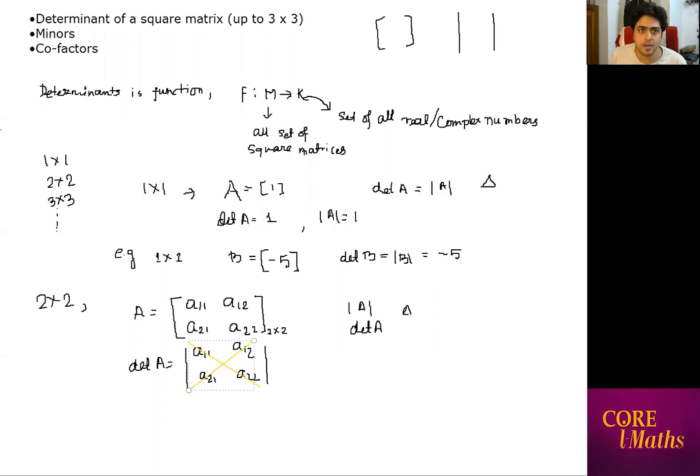Better if we color it in a different ink. So first you have to multiply that yellow portion, then minus the multiply of that red portion, right? Now check it.